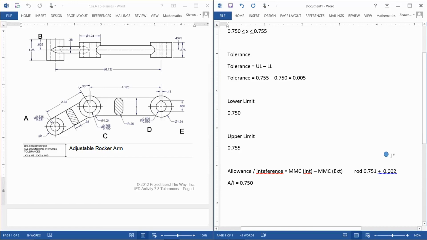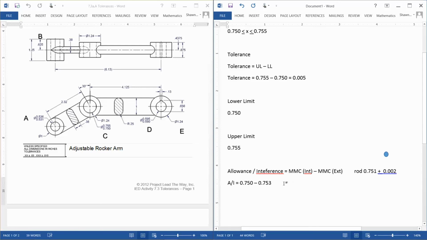I take 0.751 plus 0.002, and that gives me 0.753. That's my exterior one, what I'd measure from outside, when this part is at its biggest, at its upper limit. So we use the lower limit for the interior, and we use the upper limit for the exterior.